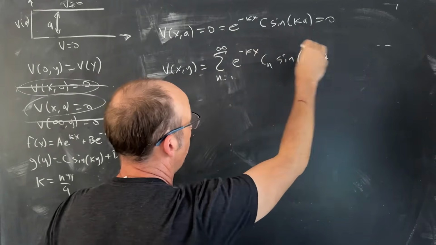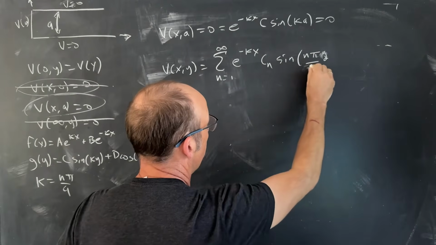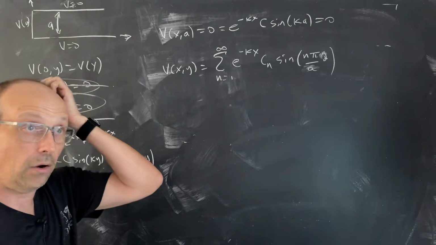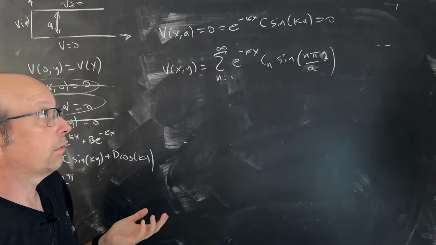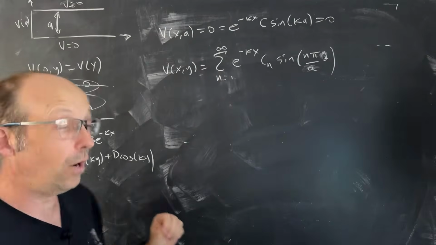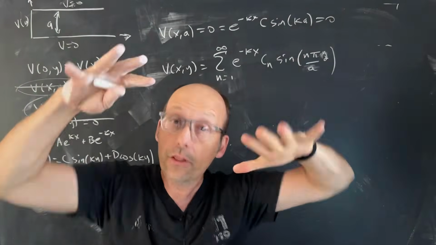So that's n pi over a. That's my solution. Now, I don't know the coefficient c_n. I still have to find c_n. Now, we're going to do another trick.